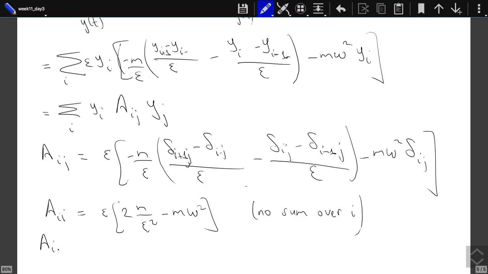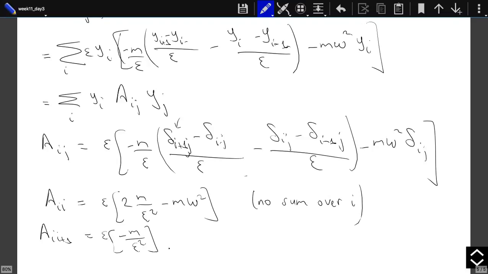Aij, if j is i plus 1, then we receive a contribution only from this term over here. This is epsilon times minus m over epsilon squared. And Aij with j equal to i minus 1, I receive a contribution only from this one. Now this is basically the same thing. Epsilon minus m over epsilon squared.